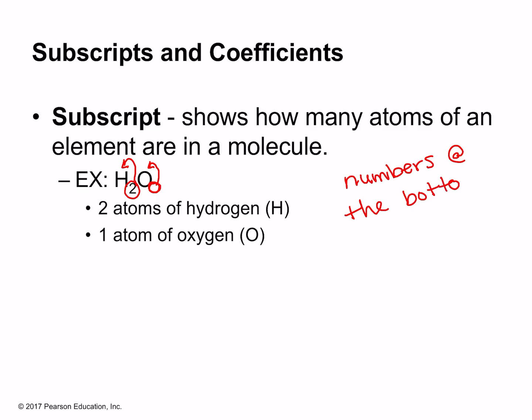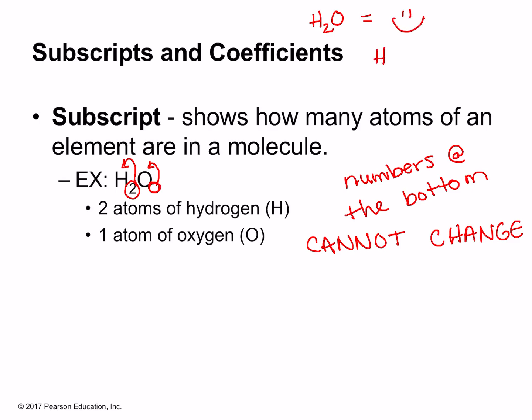Okay, I want you to remember this. These cannot change. We're going to get to where we change numbers around a little bit, but do not ever change the subscripts of a molecule. I like to say that subscripts save lives. This formula is water. If you drink some water, you live.